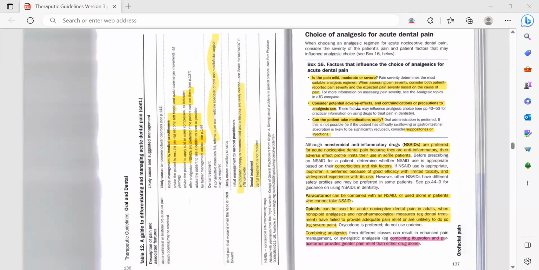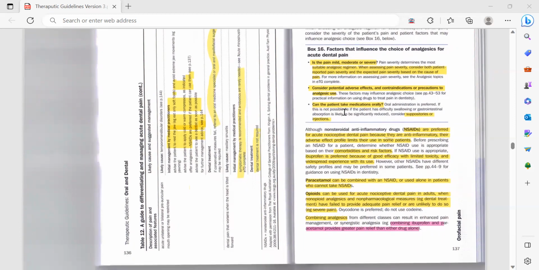Then consider potential adverse effects and contraindications or precautions to analgesic use. It means that you need to find the patient's medical history, and you need to consider if this patient is able to take this particular drug or not. Then, can the patient take medications orally?